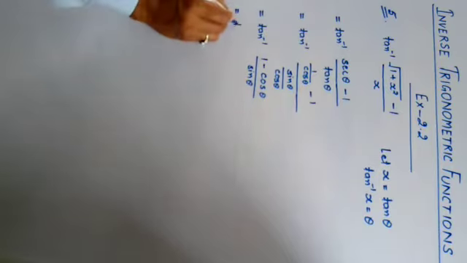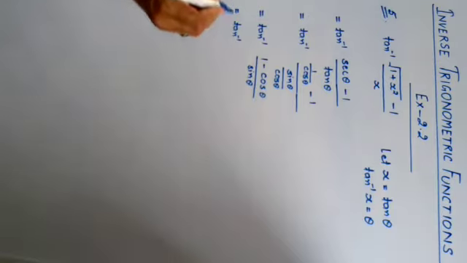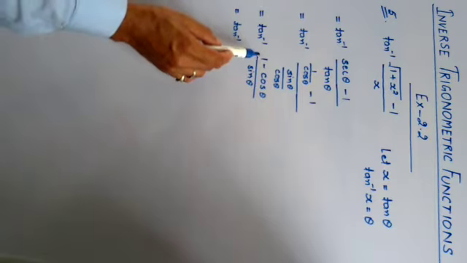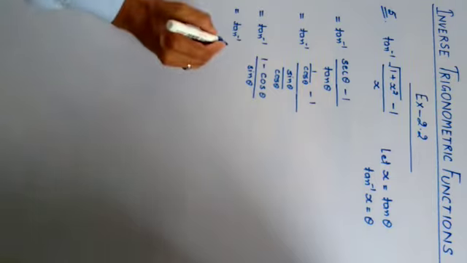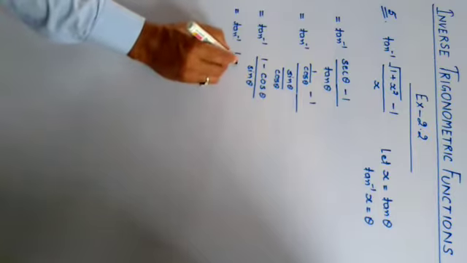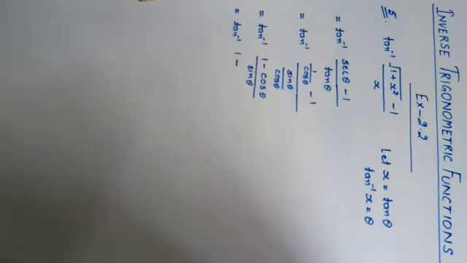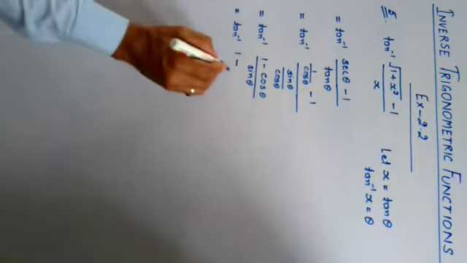As I told you earlier in the beginning of this session, wherever you find 1 and cos theta together, the first thing you have to do is eliminate 1. So the half angle formula we can apply. 1 will remain as it is, and in place of cos theta, the formula is 1 minus 2 sin square theta by 2.